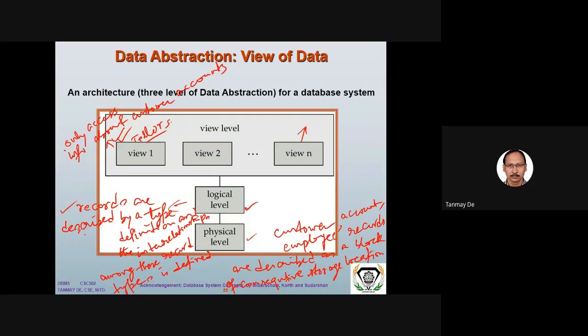In summary, the physical level is concerned with how the data are stored in memory. The logical level is concerned with what data are stored and how the relationships exist among these data. This is mainly described in the logical level, and in the view level only a part of the database can be accessed by a particular view, not the whole database.